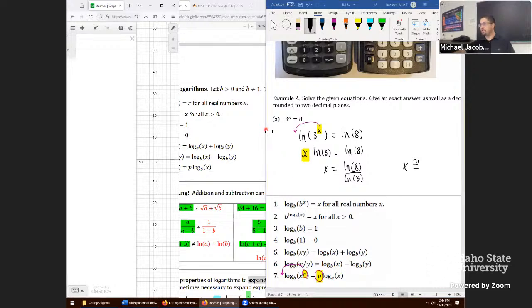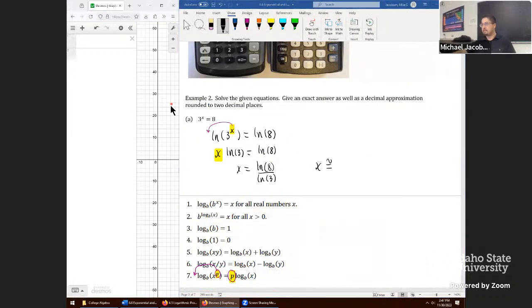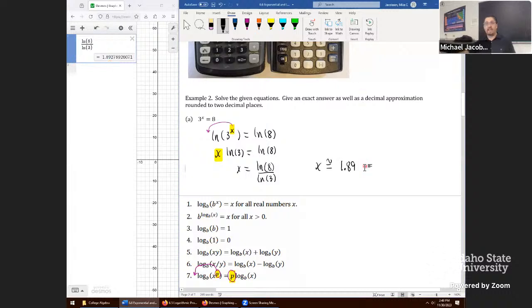Usually that's a little bit easier to do, but there we go. That's as much as they're going to give us, it looks like. But we just take natural log 8, divide by natural log 3, and this is our answer rounded to 2 decimal places, 1.89. So down below over here, 1.89 is our answer finally.